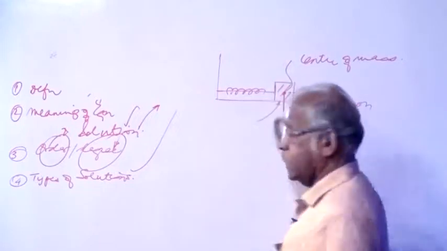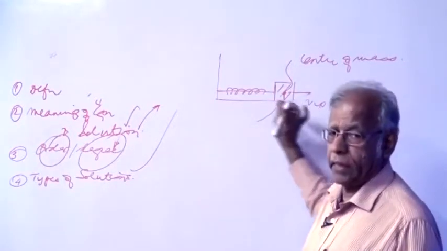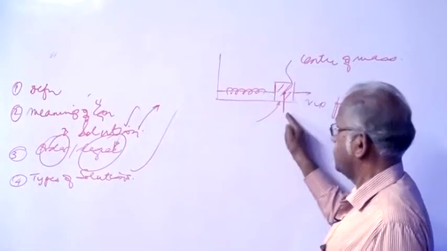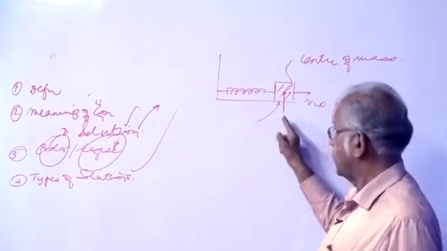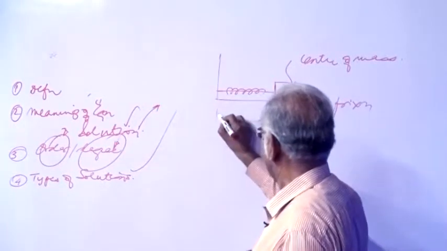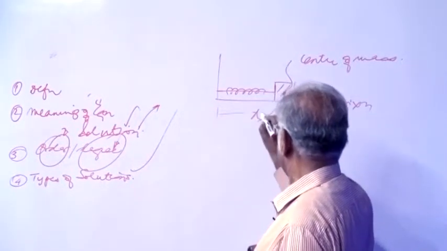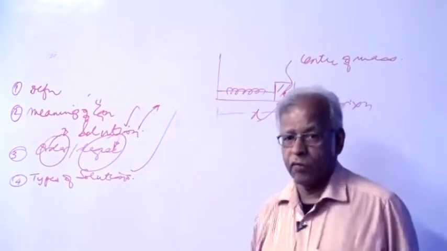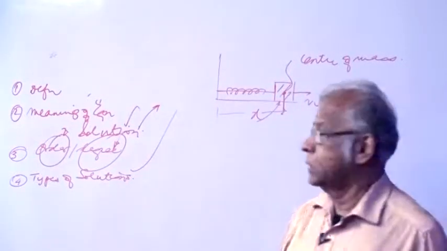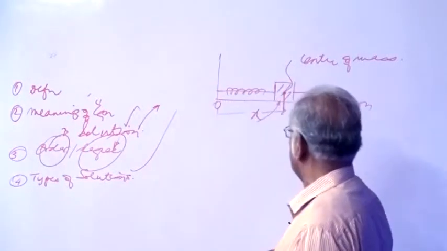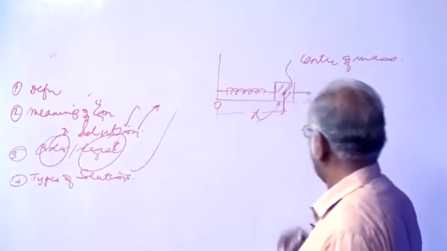Now, if this block is pulled a little to the right and released, then it will start oscillating about this mean position, which can be indicated from the origin by a distance x. x is the distance of the center of mass from the zero point. This is x is equal to 0.